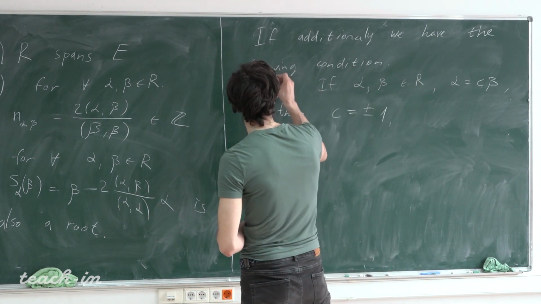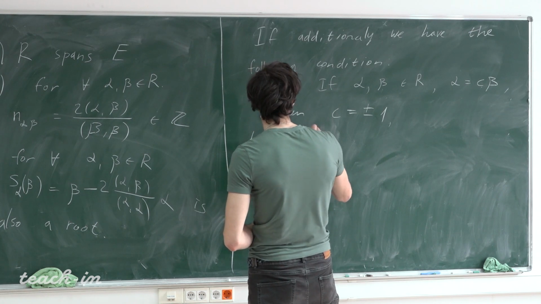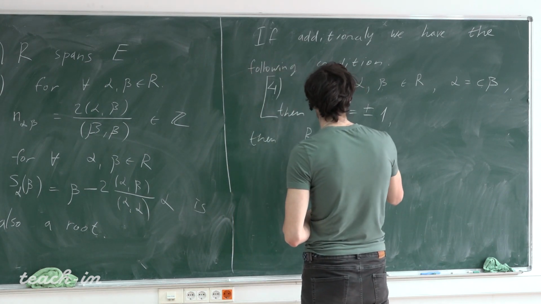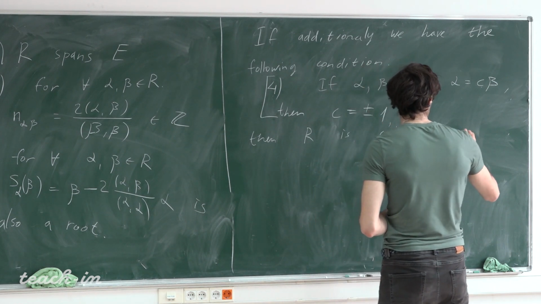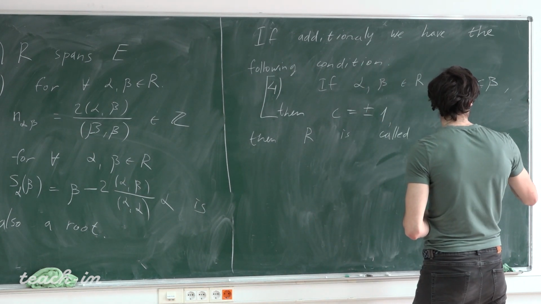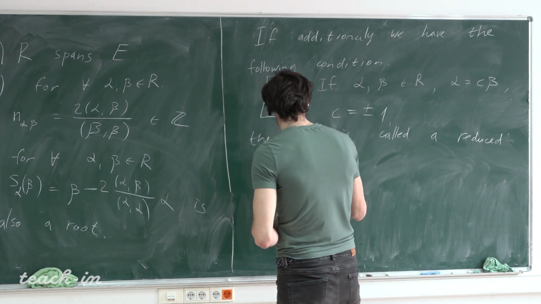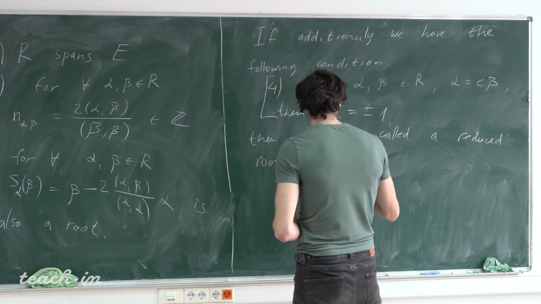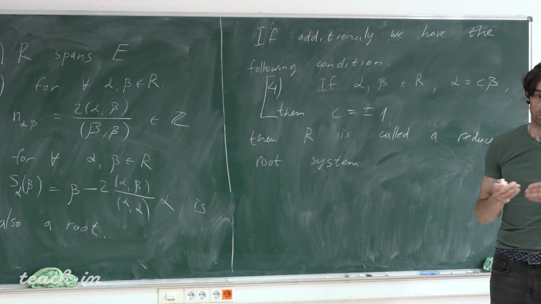Then, so if additionally we have this condition, then R is called a reduced root system.